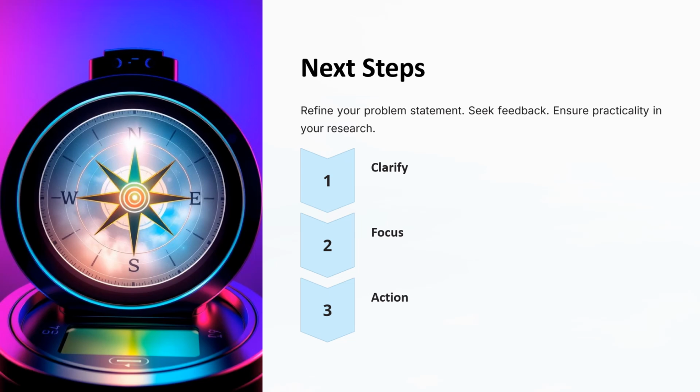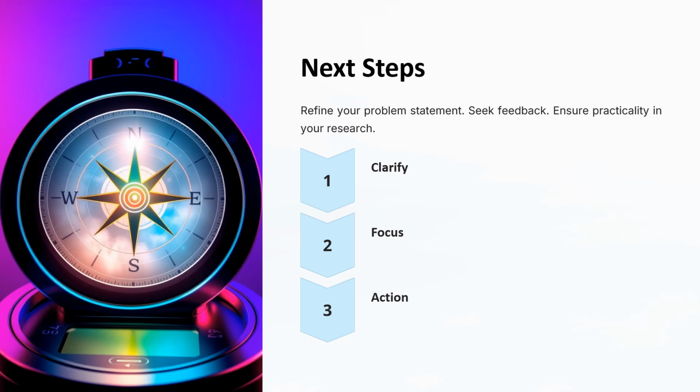So next steps still are clarify, focus, and action, which we have said. The action is the applicability, the practicability of what you have been saying from the beginning in terms of the statement of the problem.